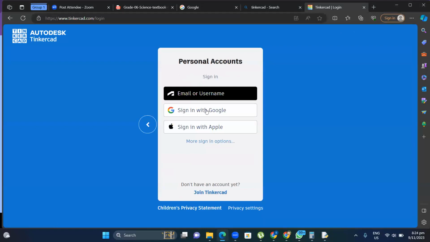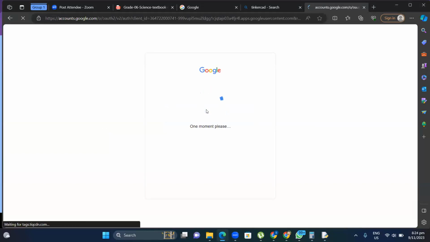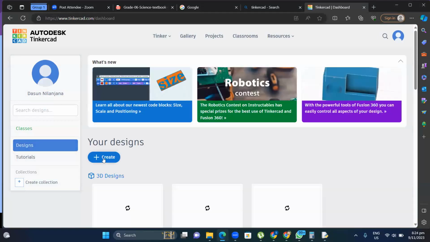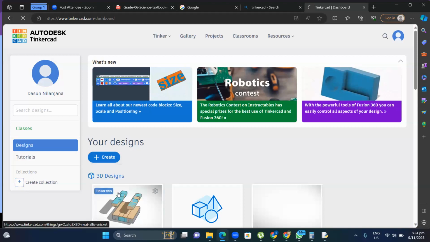You have to use a personal account with Gmail. In Tinkercad, try to do this. You can go to Create and create a circuit design from here.